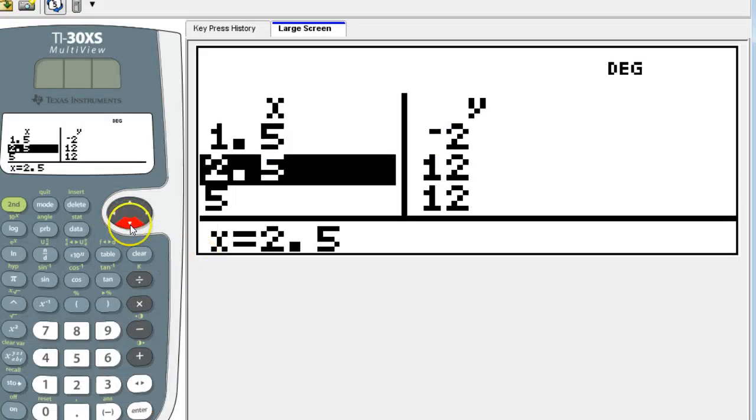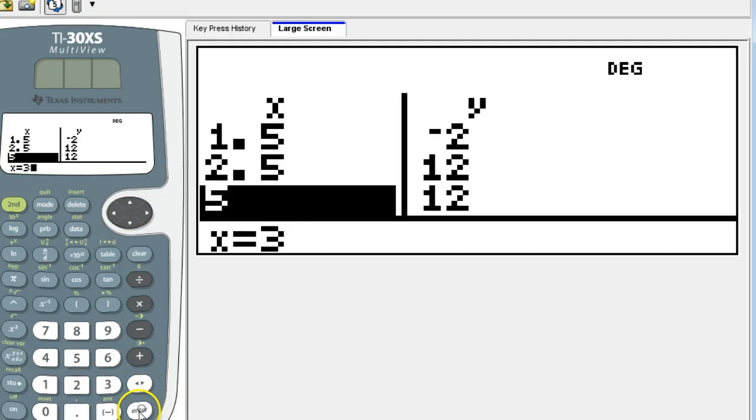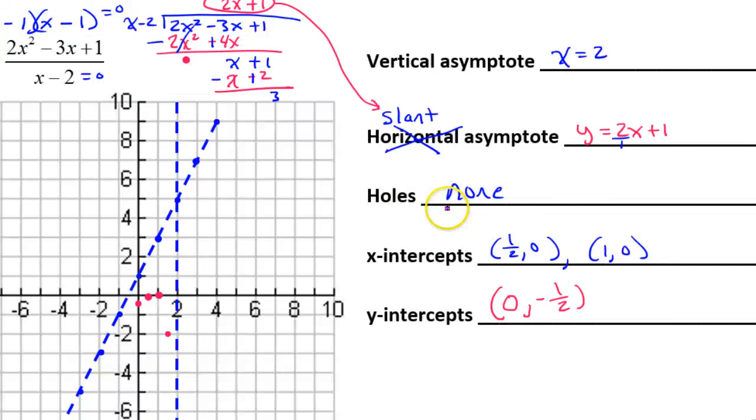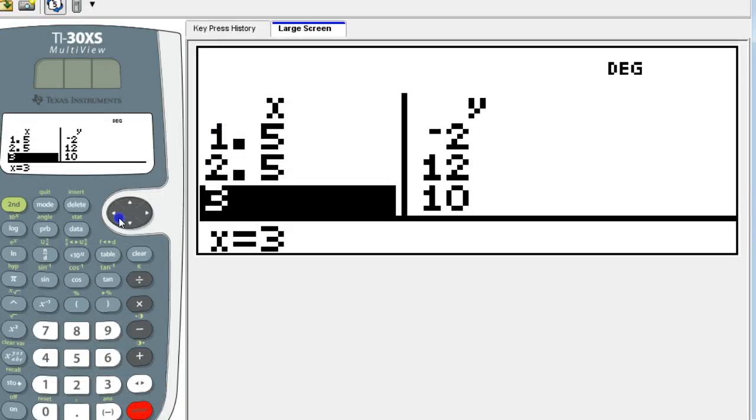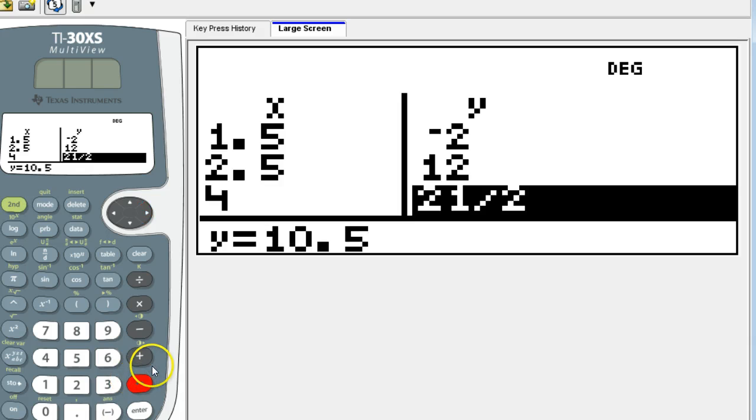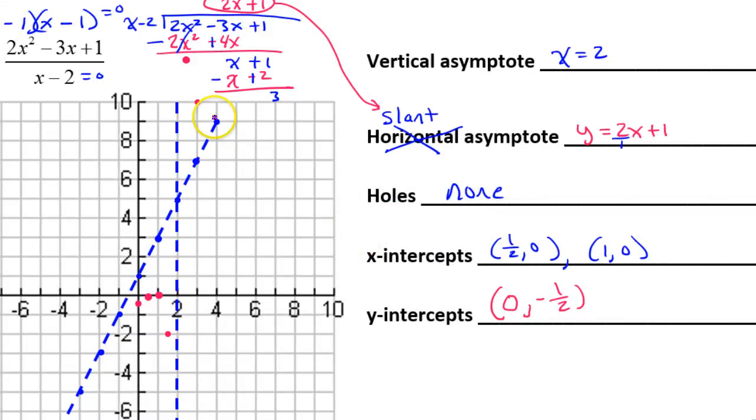I'm sort of wishing I had a bigger graph suddenly. At 3, I'm at 10. Okay, so at 3, I'm right here at 10. And what about 4? Let's just do one more. At 4, 21 over 2, it's 10.5. So at 4, I'm already heading back up a little bit. So this is off the grid.